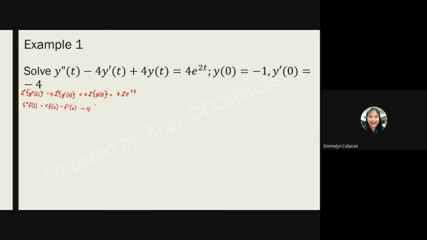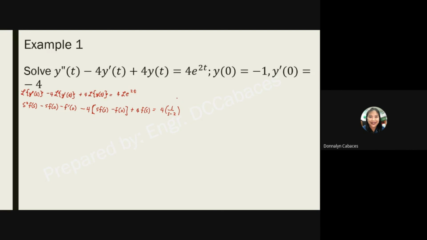So 4 times s f of s minus f of 0. And then plus 4 times the Laplace of y of t, which is our f of s, is equal to 4 times the Laplace of e to the 2t. That is 1 over s minus 2.